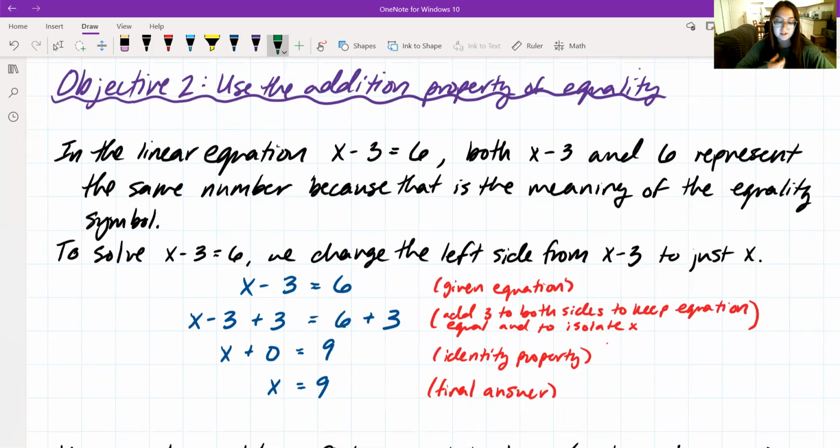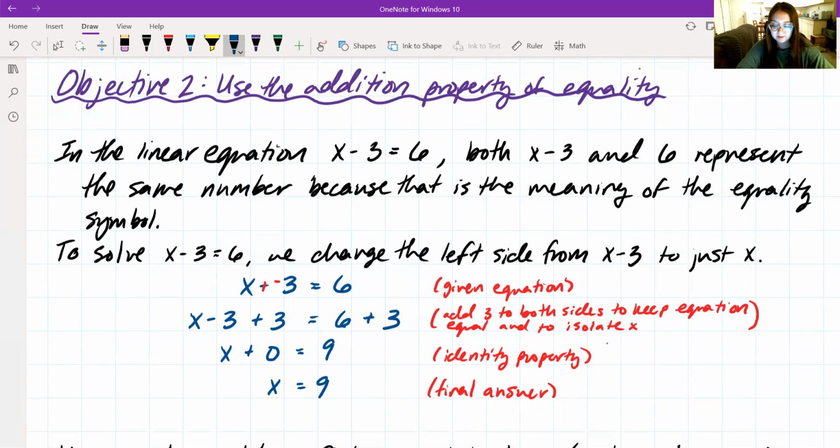Since we want to isolate x on our left side, in order to get x plus 0, we need to add the additive inverse, in this case negative 3. Since we did it on one side, we have to do it on the other. Since x minus 3 is like saying x plus negative 3, we want to add the additive inverse.